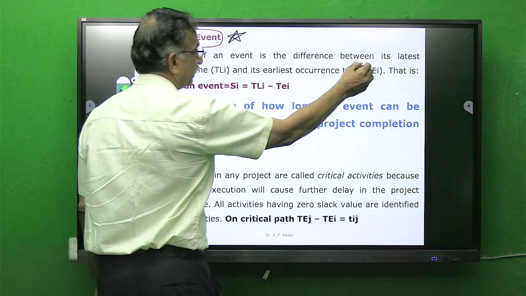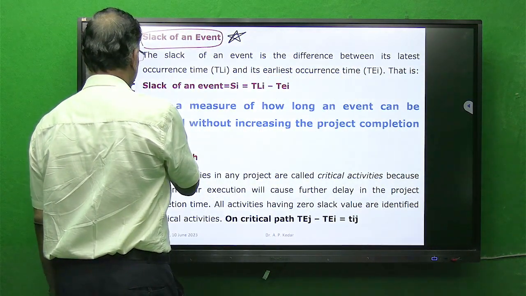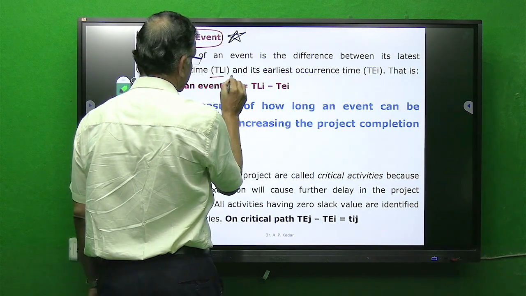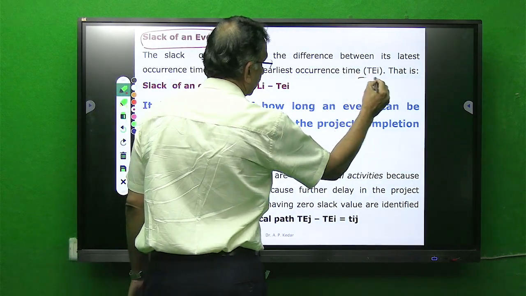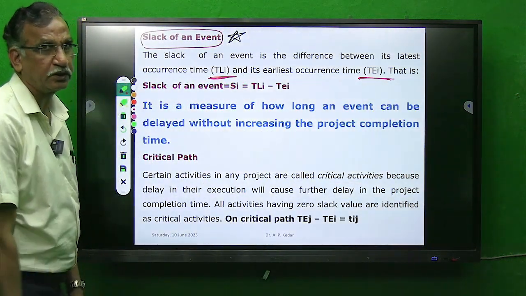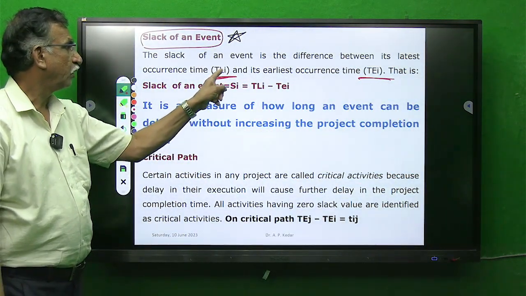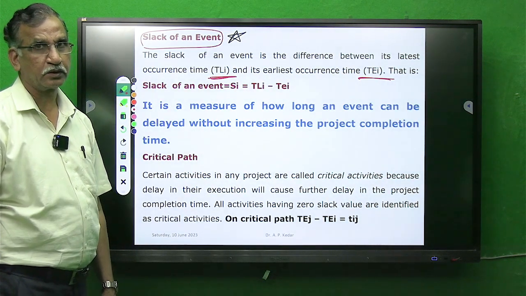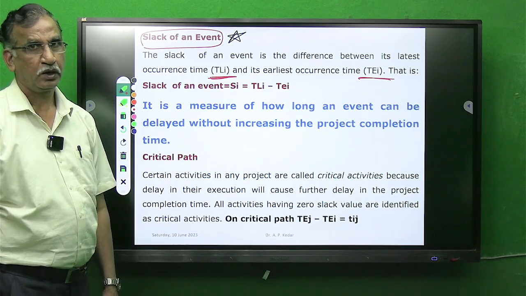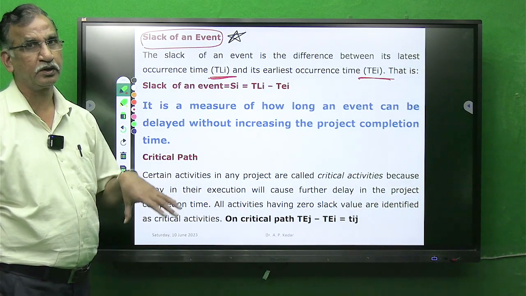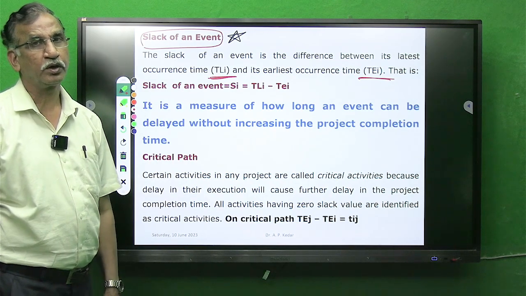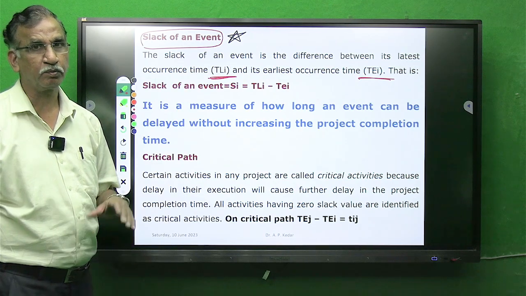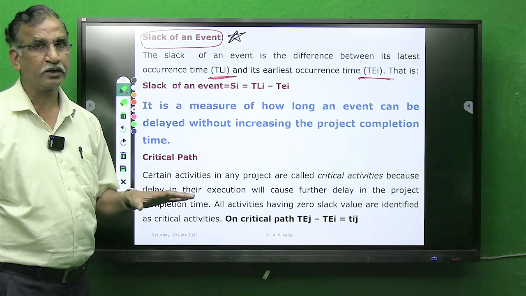It is the difference between the latest occurrence time, that is TL of I, and the earliest occurrence time, that is TE of I, of the same event. If there is no difference, it will be 0, and that particular event is said to have 0 slack, meaning no deviation in the time allowed, and the activity under consideration will not be permitted to take more time than expected.